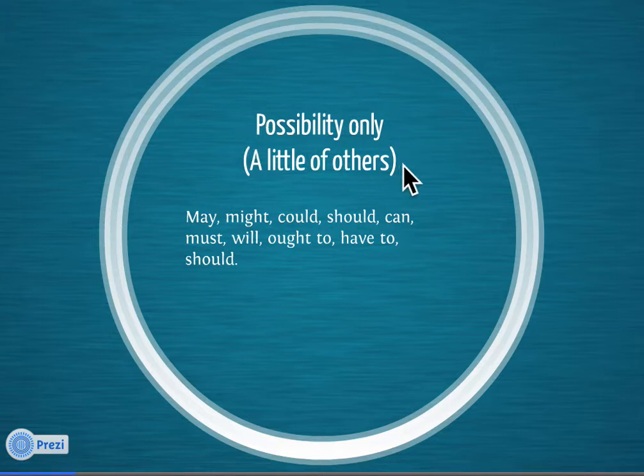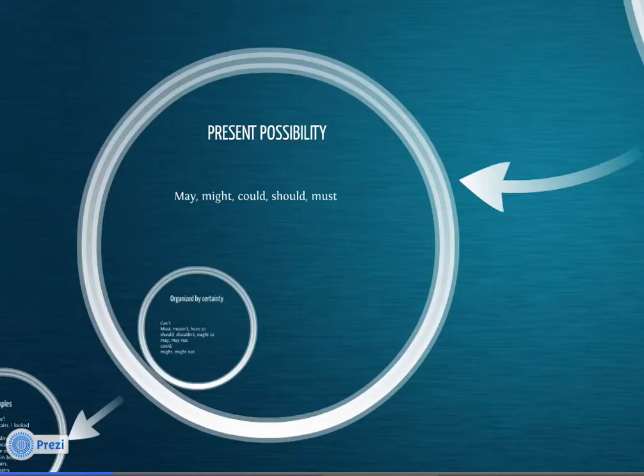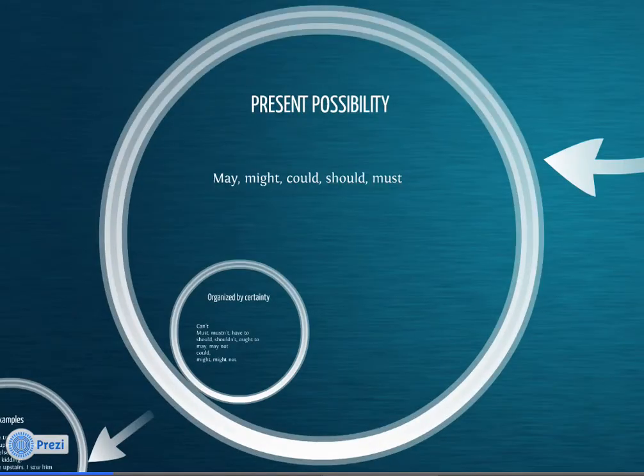At the very end, we will see a little bit of others, but mostly about that. Here are the modal verbs that we're going to use: may, might, could, should, can, must, will, ought to, have to, and should. Let's start with present possibility.